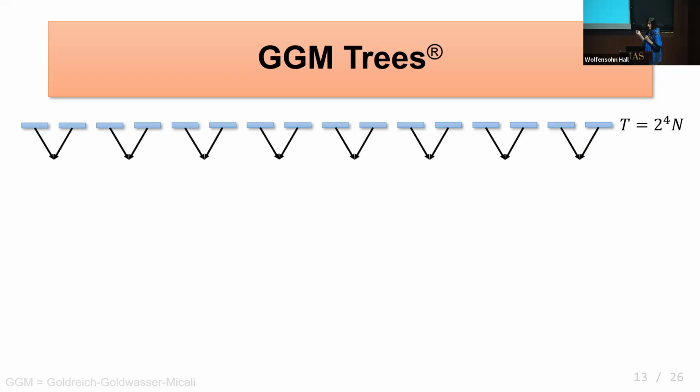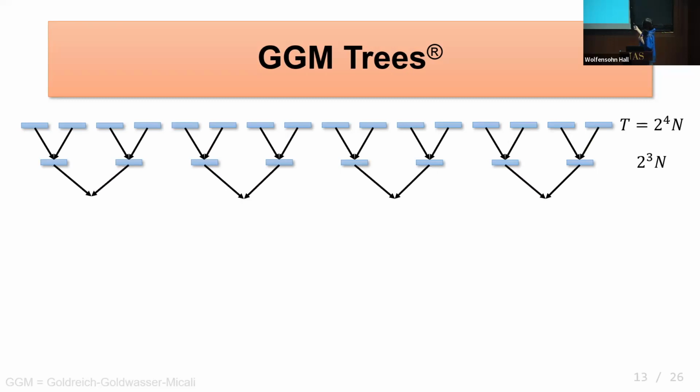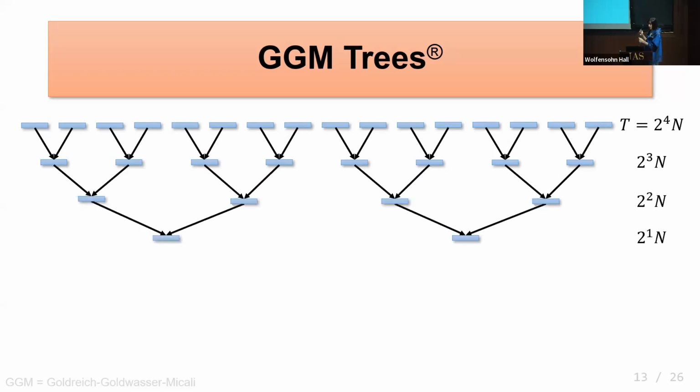Then you compress every segment of length 2n into length n, so the length of the string shrinks by half. Then you shrink it by half again and again, until you obtain a compression of length n. So you get something like a binary tree.